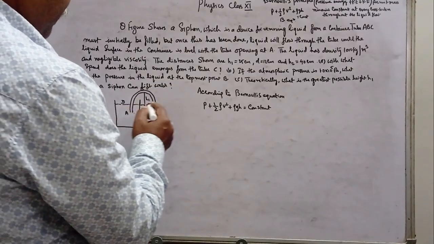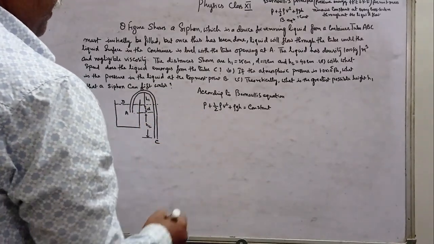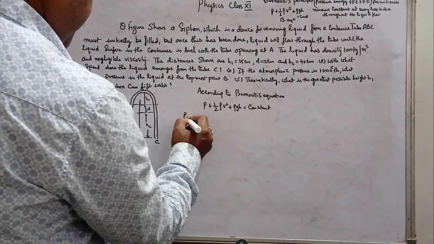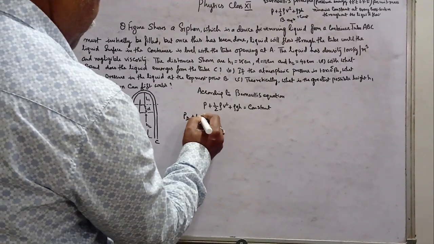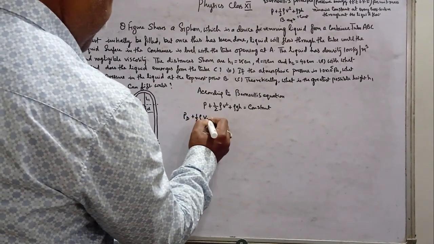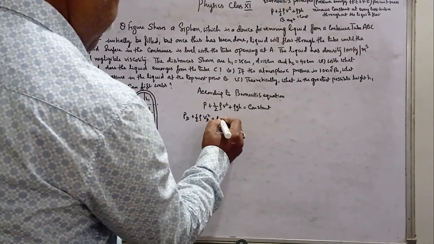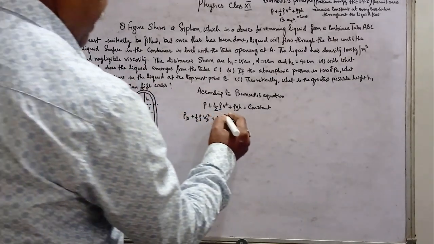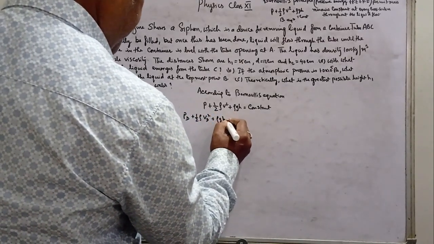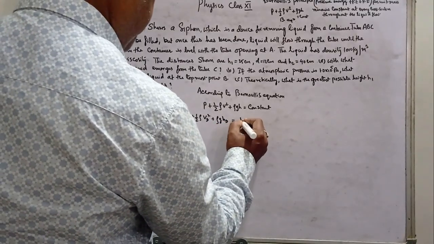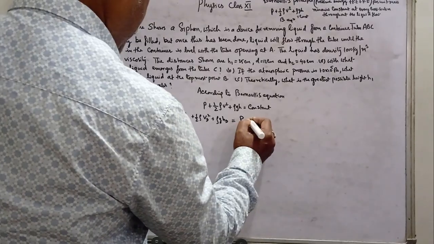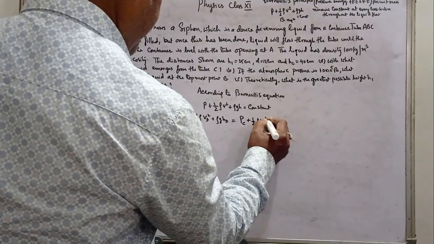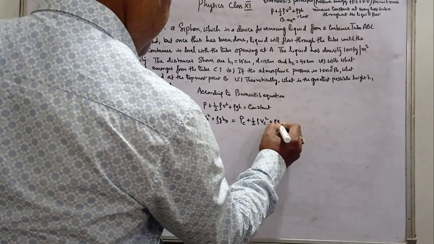Now we are going to apply Bernoulli's equation at points D and C. So this will be PD plus half rho Vd square plus rho g hD is equal to the pressure at C plus half rho Vc square plus rho g hC.